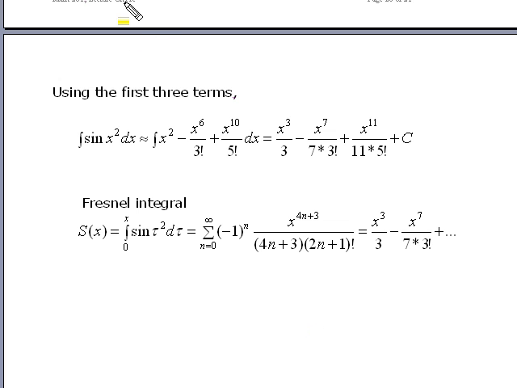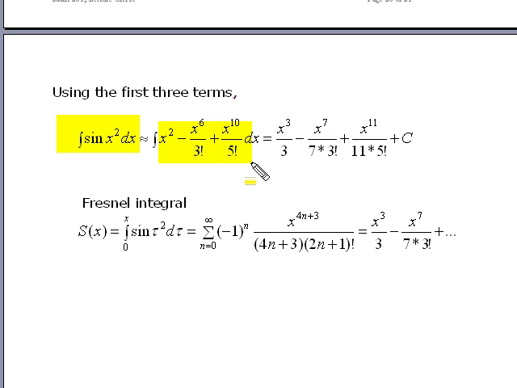Now let's integrate. The integral of sine x squared dx does not have an elementary transcendental function representation. It doesn't have a closed form solution in terms of the elementary transcendental functions. So I'm just going to leave it as the integral of sine x squared. And now I'm integrating this series expansion.